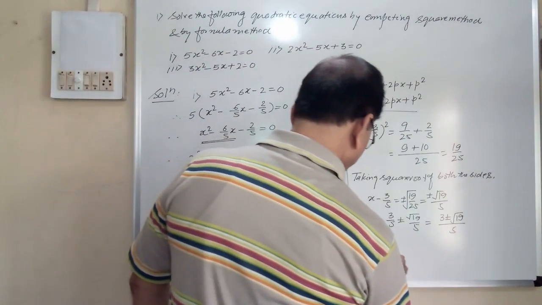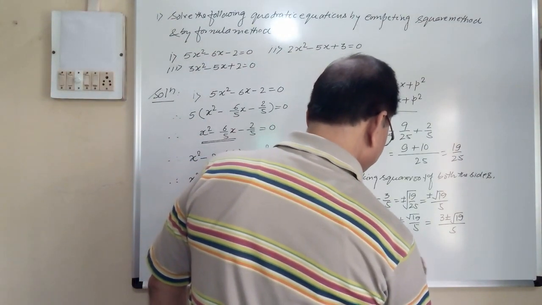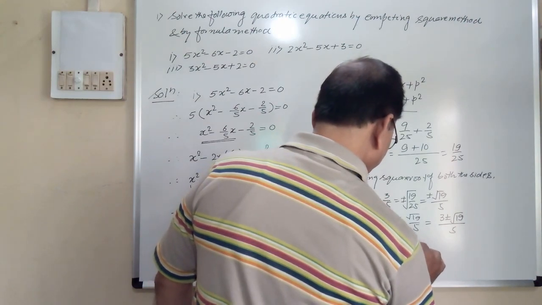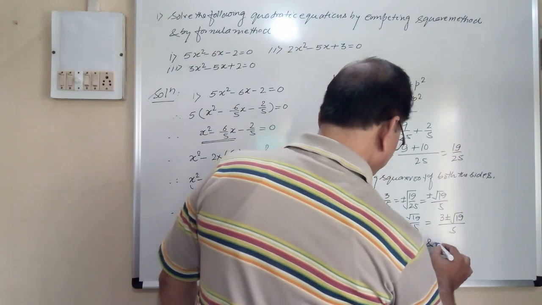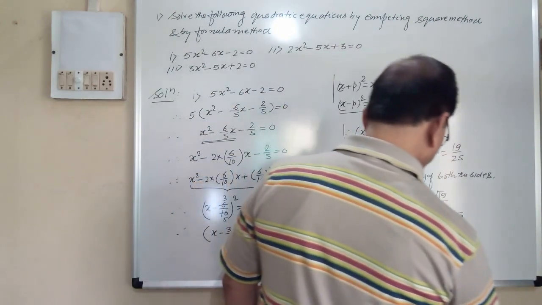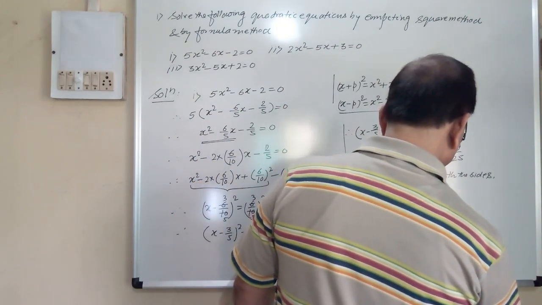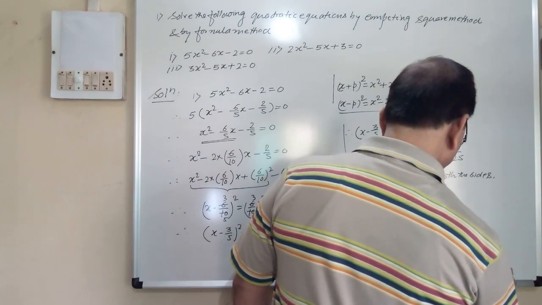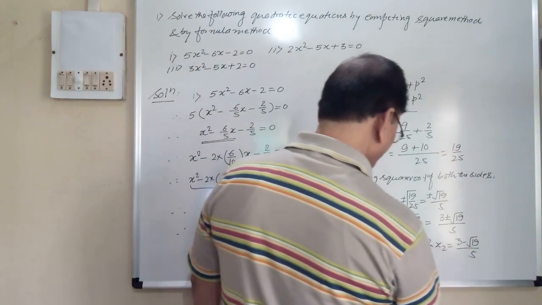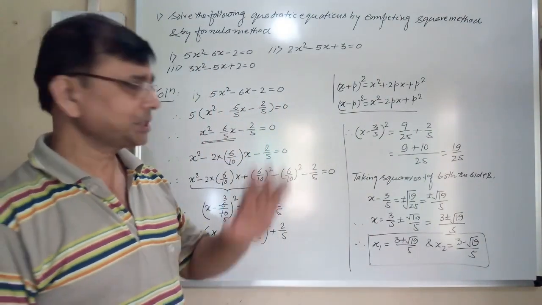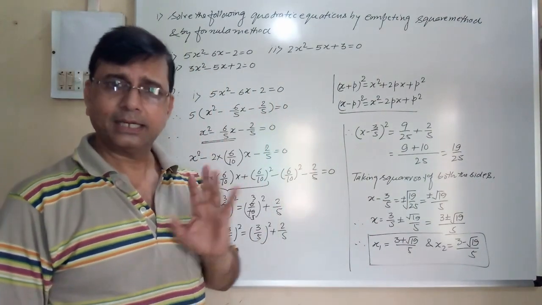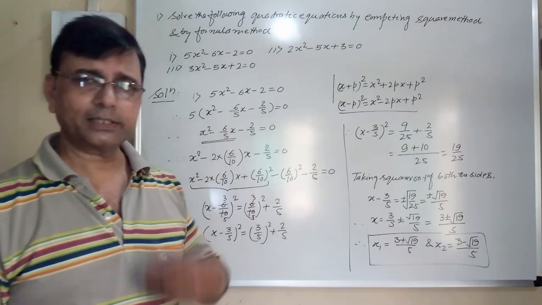So x1 is equal to 3 plus under root 19 by 5, and x2, another value, is 3 minus under root 19 by 5. So these are the two roots of this quadratic equation or solutions of this quadratic equation. Is it clear? So we'll go for the next problem.